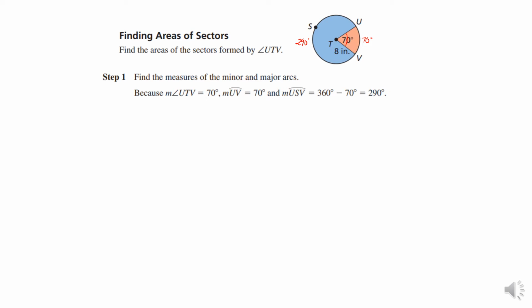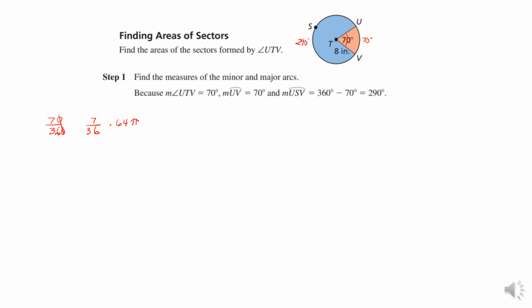So the first one we're going to do is find the area of the small sector. So that would be the measure of UV, so that's 70 over 360, which we're going to simplify and say 7 over 36 times our area. So that's pi r squared. Our radius is 8, so that's 64 pi.